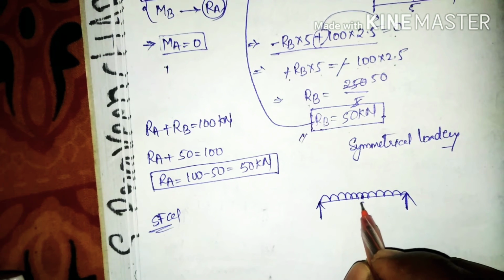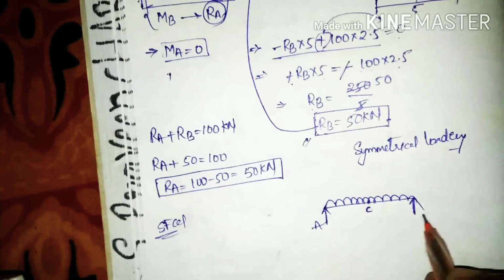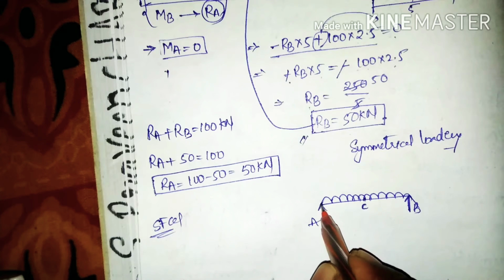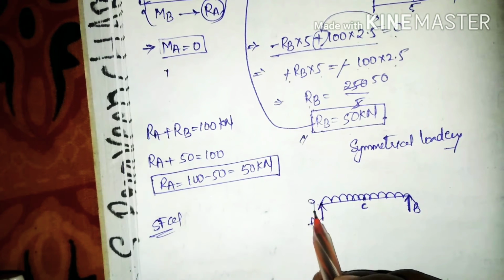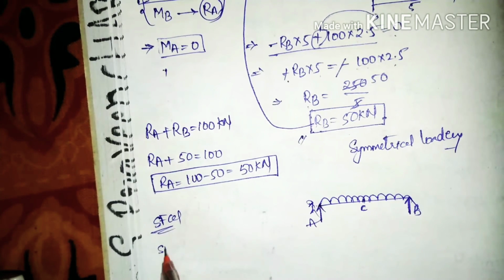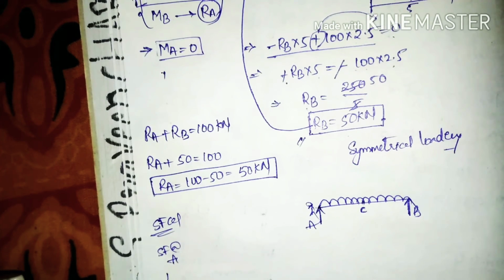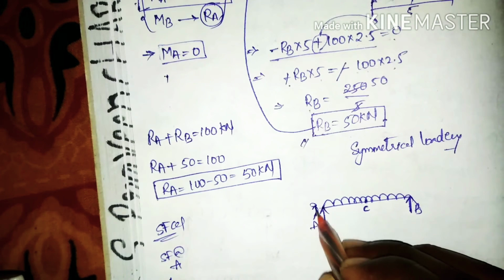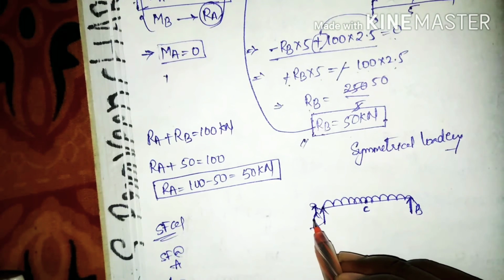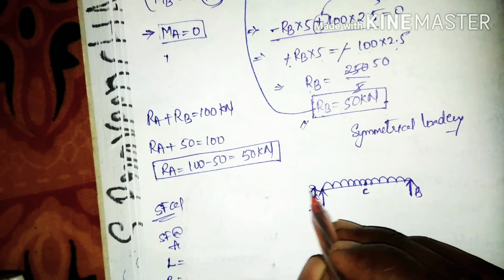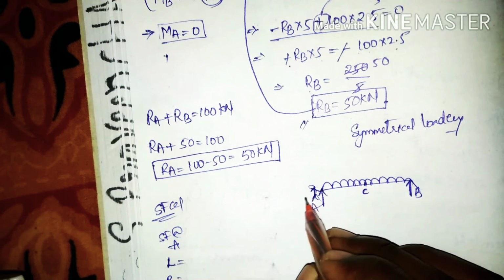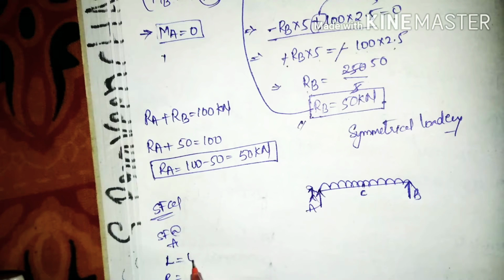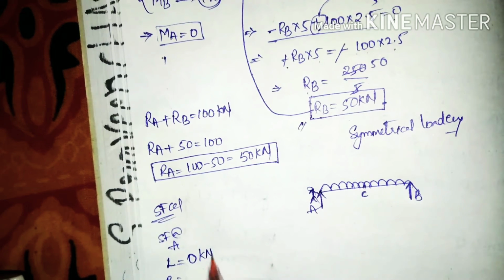Let us consider this point as C, so A, B and C. From here, shear force at A, for the left of A or right of A. For the left of A, I don't find any type of forces or reactions connected with this beam, so I am going to consider it as 0.